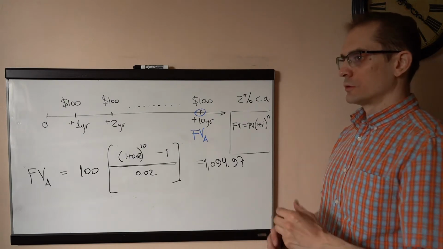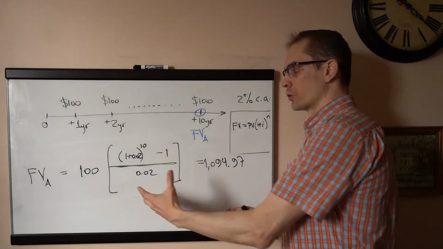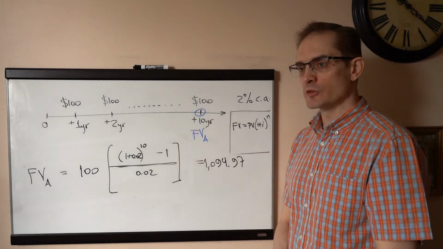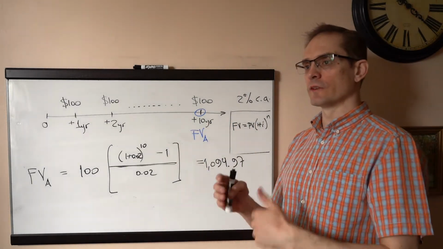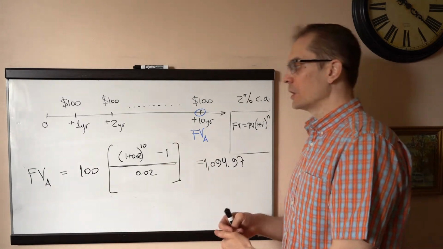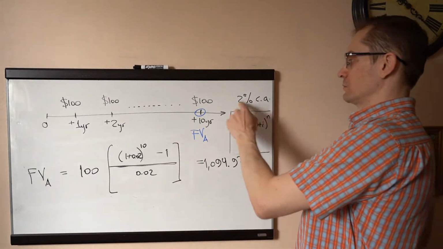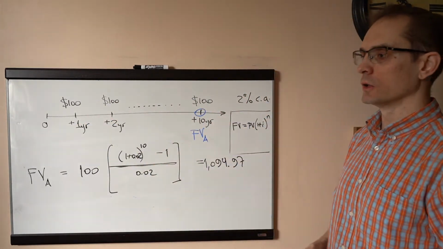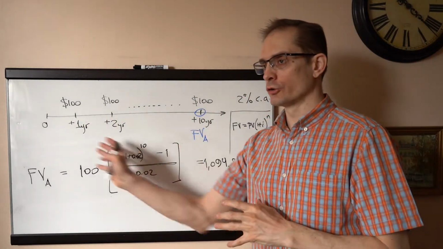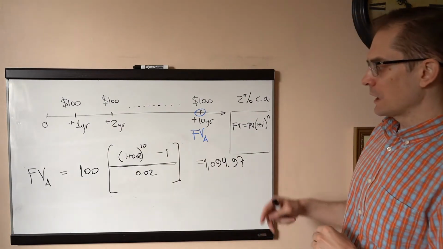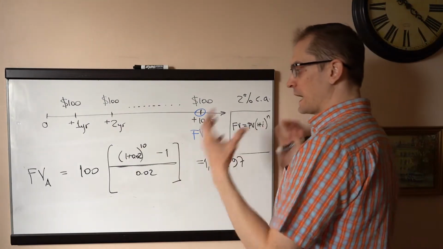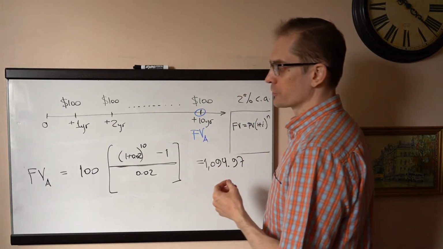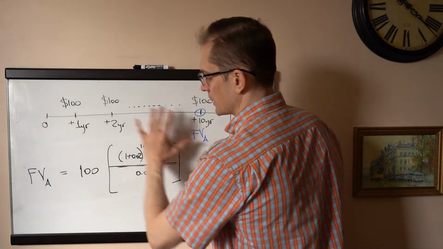Now, to put this long story short, if you have an annuity, this kind of arrangement where you have the same payment over the same time intervals, and I should also add the rate should be the same over the whole term of this arrangement, if you have an annuity like that, it is a very straightforward process to calculate it in one shot, right?